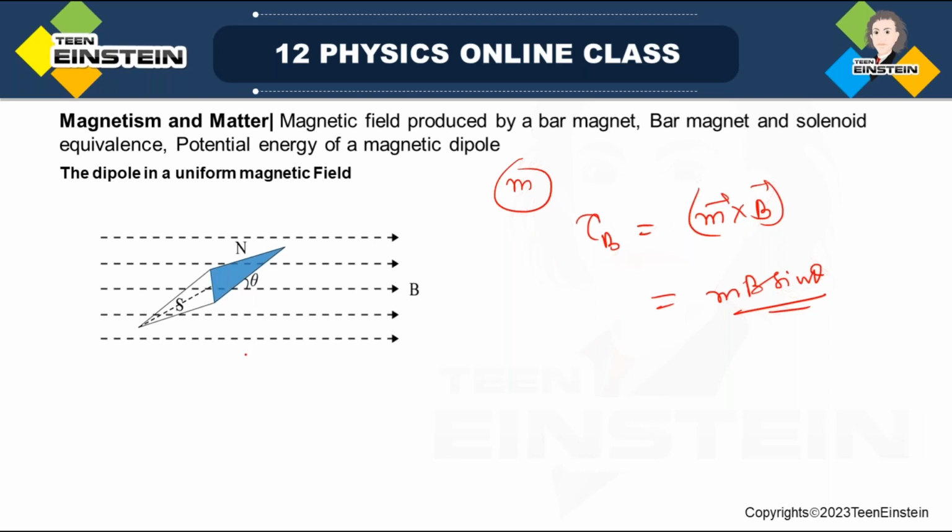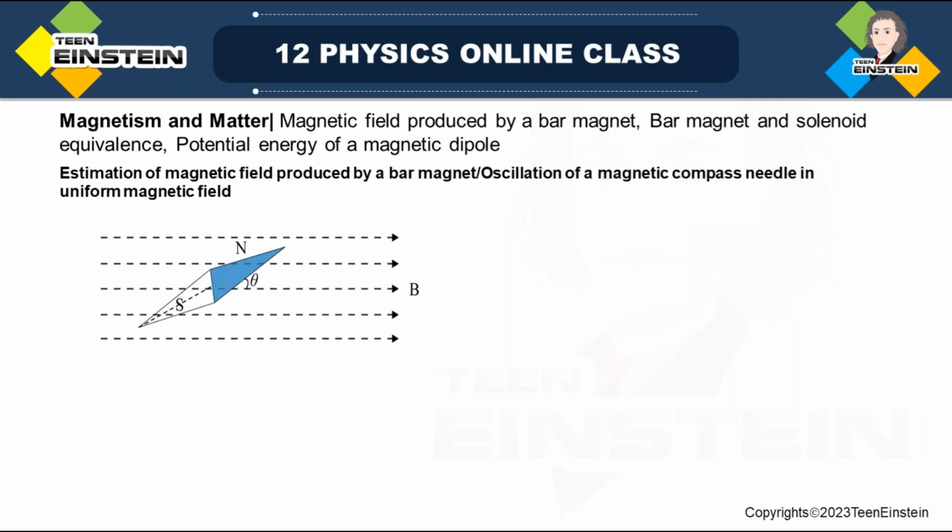Now see, using this compass needle, or oscillation of a magnetic compass needle, we can estimate the magnetic field around. Suppose I have been given a region where there is a magnetic field, but I don't know the magnitude of the magnetic field there.